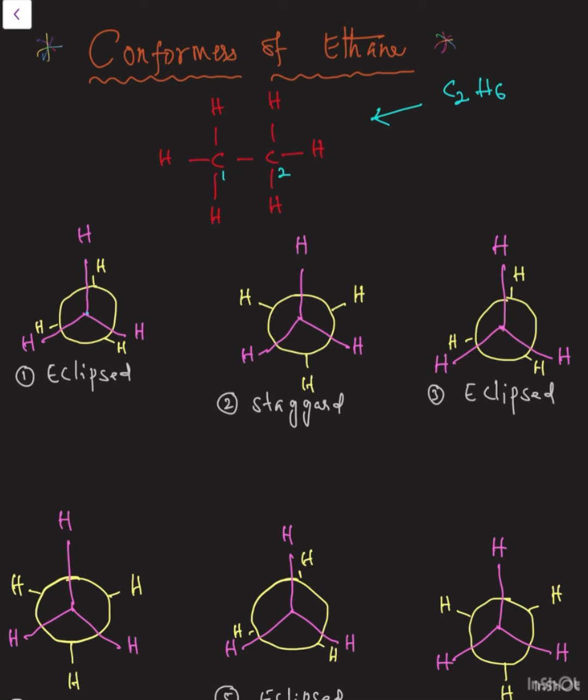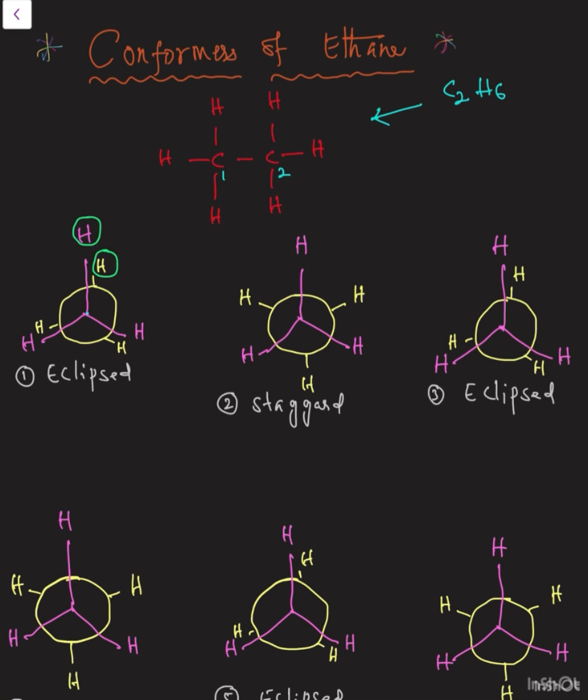Now the first carbon is stable, we are not rotating it, but the second carbon is rotated by how many degrees? 60 degrees. Initially the positions of these hydrogens are the same, front and back.